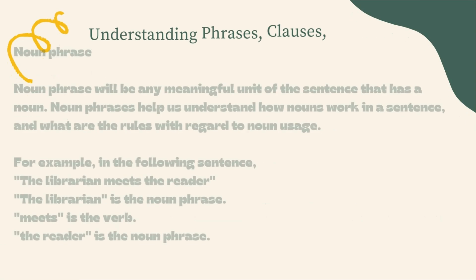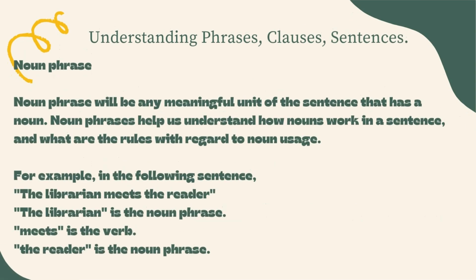So it modifies librarian, right? And similarly, reader is another noun that occurs in the object position. So again the modifies reader. So if we wish to study grammatical rules in detail, we'll notice that all of these sentence structures make sense to us.